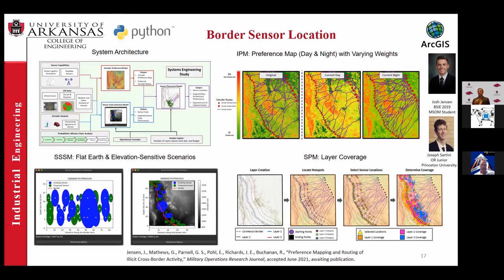Then with all those pixels scored, they use a shortest path algorithm on the least amount of risk to develop potential routes. On top of that, they use optimization to determine optimal placement of sensors to maximize the probability of detection. We think that's an interesting way to apply multiple objective decision analysis that you don't normally see in the literature or in industry.